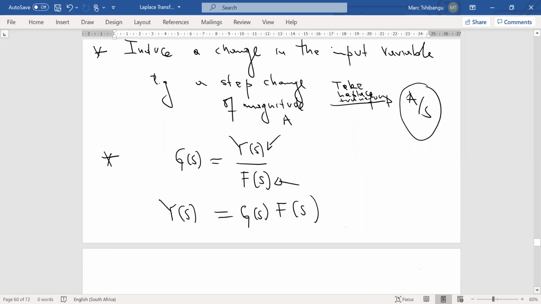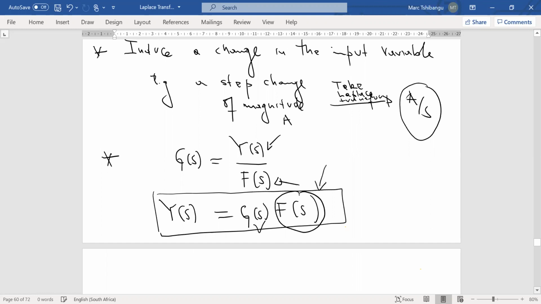So we know the transfer function, we induce a change in the input variable. Because we know the transfer function and we know the change that we introduce in the input variable, we can determine the output result.